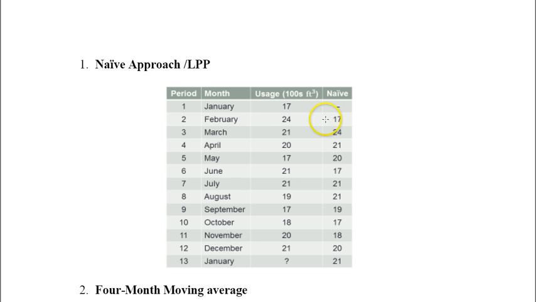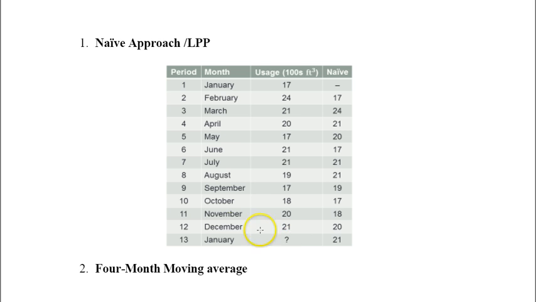Using the naive approach, the February forecast would have been January's actual usage. March would have been the actual February, April the actual March, and so on. December would have been the actual November, and January is the actual December. Notice that we are in December. We don't have the actual figures for January, but we can forecast them as 21.